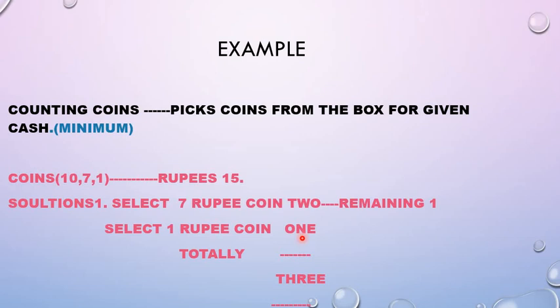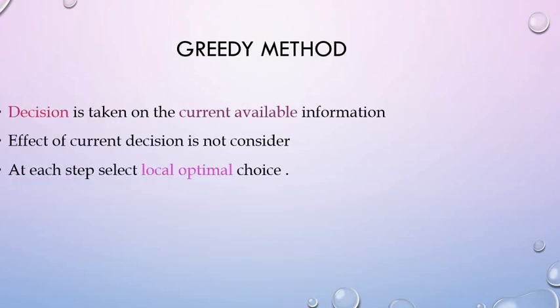So what this example is trying to prove is that the greedy technique builds the solution based on the currently available, local optimum choice. At each and every step, it picks the local optimum choice. These local optimum choices are gathered together to give the global solution.